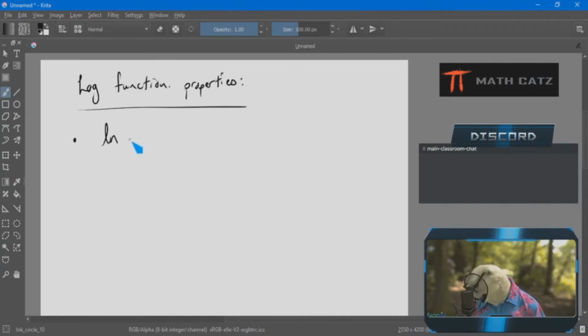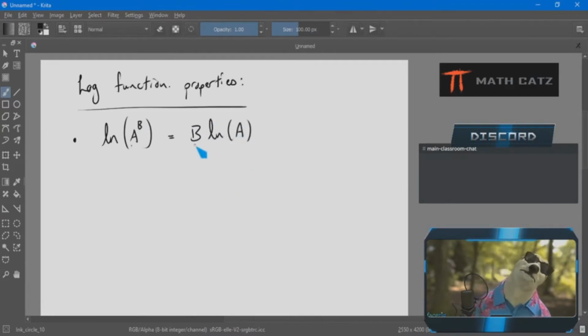If I have the natural log of a to the power of b, and those two, a and b, could be very complicated or just numbers, then, interestingly enough, I have that equivalent to b, the exponent that was inside the log previously, times the natural log of just a.